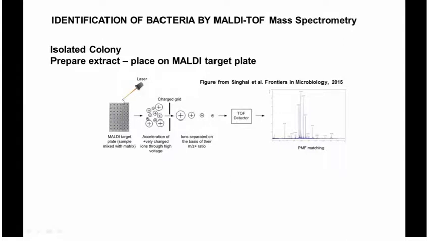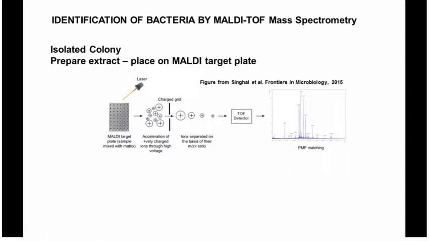And then the laser is going to come along and zap the spot of bacteria that you put on the plate. It will vaporize some of the material on the plate and ionize it. So you get a kind of vapor of these ionized forms of whatever molecules are in the sample. And then they get sent off to the mass spec detector, and this would generate a spectrum.